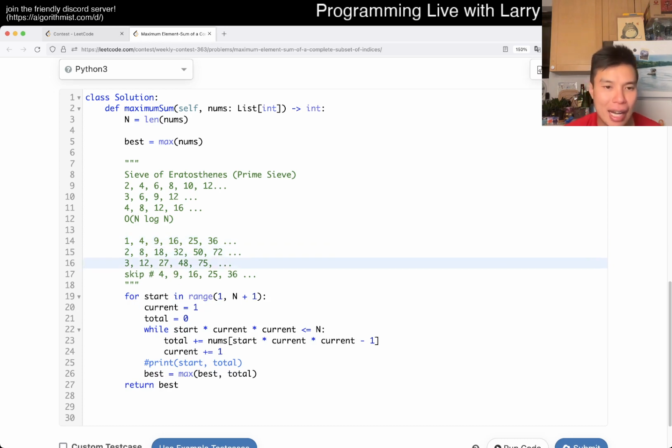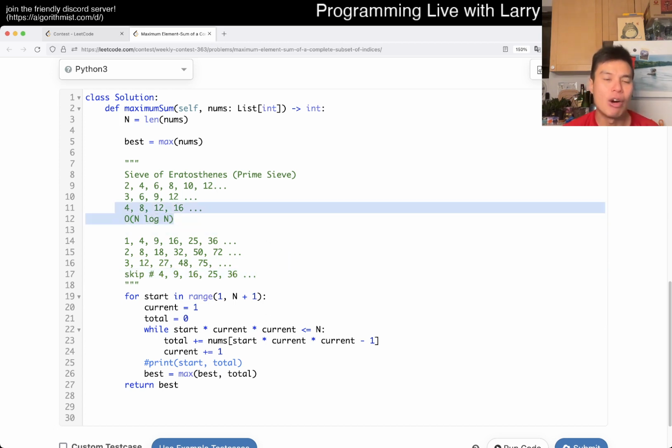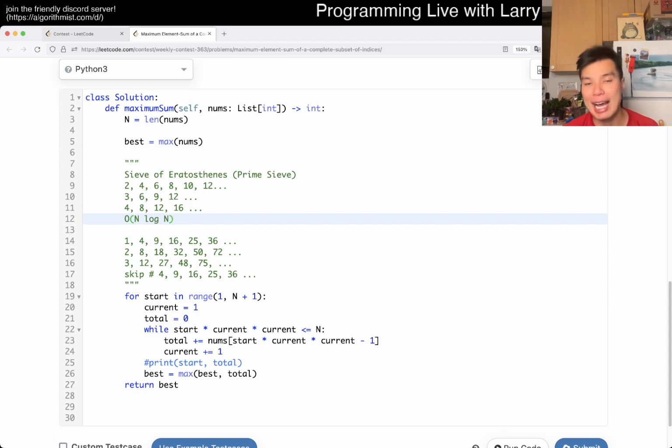Keeping in mind one more observation of why this is linear, you may wonder, hey, if this is linear, then why is this not linear? Well, the reason is that each number can be looked at multiple times. For example, 12 is actually in 2 sequences, right? Or in this case, even 3, but we'll skip the 4. And 4 and 6 are not the same sequences, but here that is not the case.